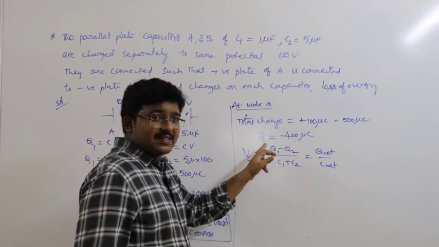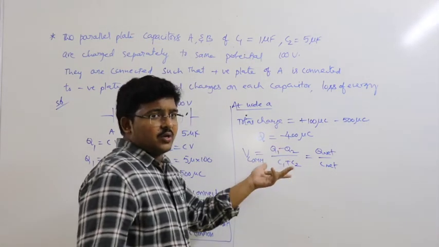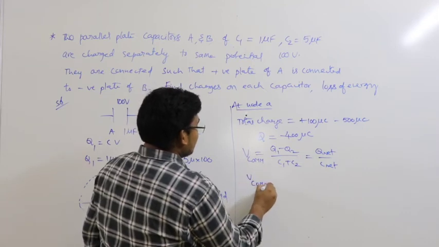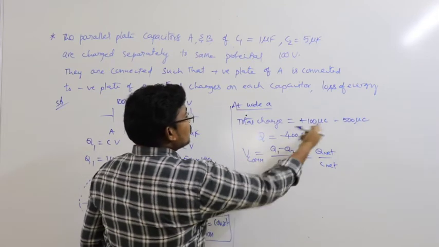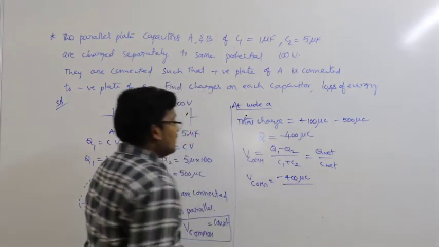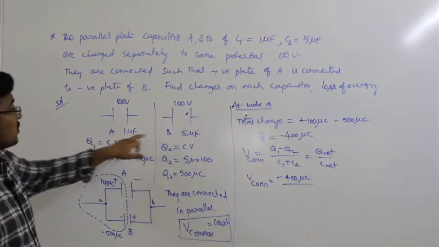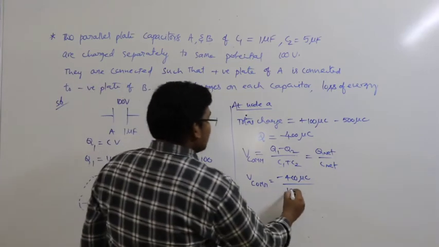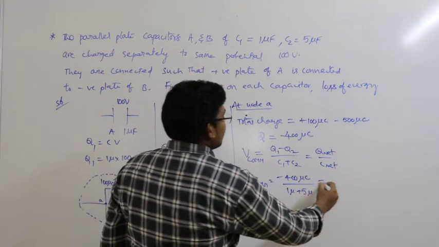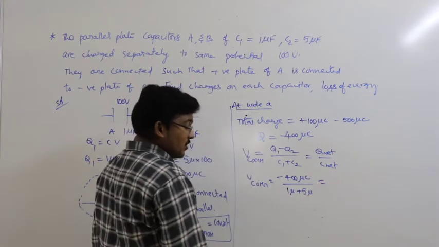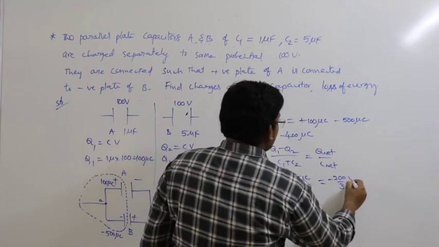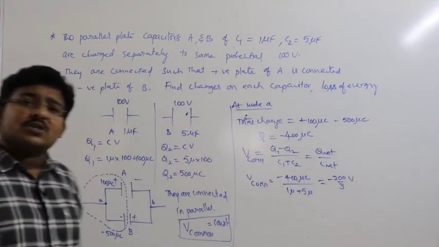This formula I told you, like C1V1 minus C2V2. Okay, here we got Q, no problem. So V common is equal to Q1 minus Q2, which we got as minus 400 microcoulombs by C1 plus C2. C1 is 1, this is 5, so 1 micro plus 5 micro, so it will be minus 400 by 6, which is minus 200 by 3 volts. So we got the common potential.